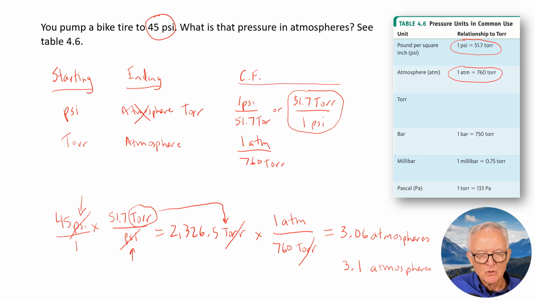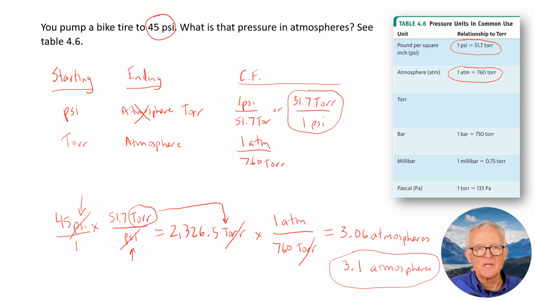Very simple conversion. I do one more check, and that's to make sure that 3.1 atmospheres makes sense. Well, I know that 14.7 pounds per square inch is 1 atmosphere. I just happen to know that.